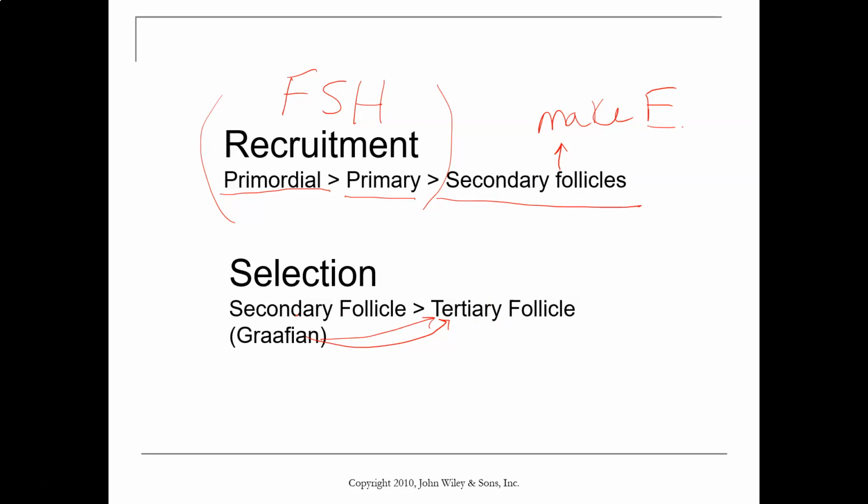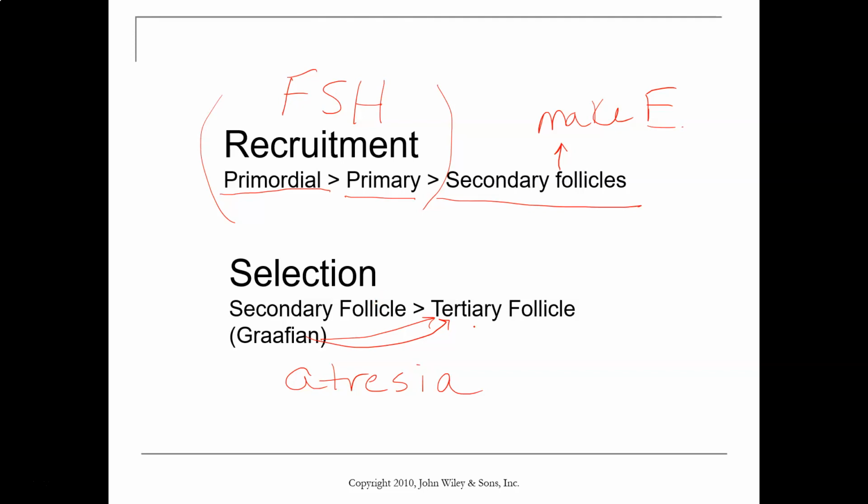What happens to the other secondary follicles? Well, sort of a sad story, but the rest of the secondary follicles die off. They undergo what's called atresia. So they just degenerate. But until they do, they did contribute by making estrogen, because remember, they do have an endocrine function.